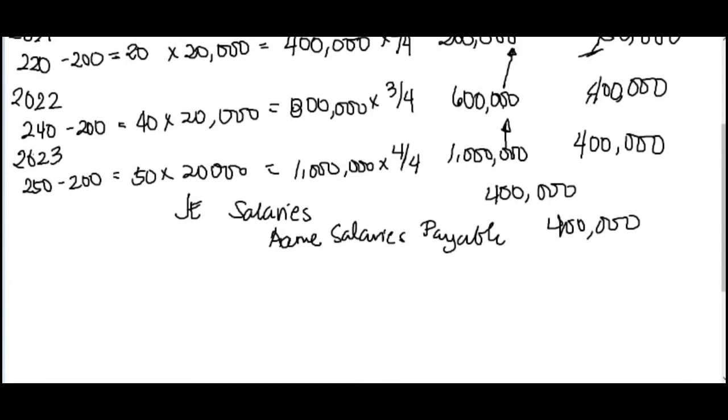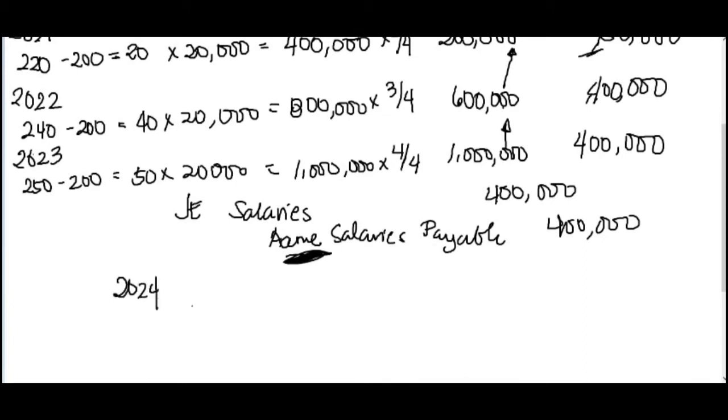Okay, so ma'am, paano po kapag in-exercise na po siya noong 2024? Okay, so noong 2024, ang exercise date, ang gagawin mo lang, edi syempre, kung magkano yung accrued salaries payable mo, kung magkano lahat ng accrued salaries payable mo sa 4 na taon, yun yung ibibigay mo kay empleyado.